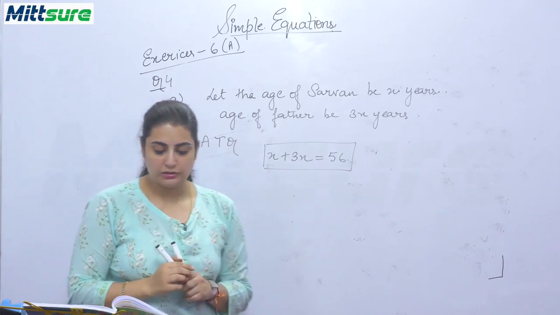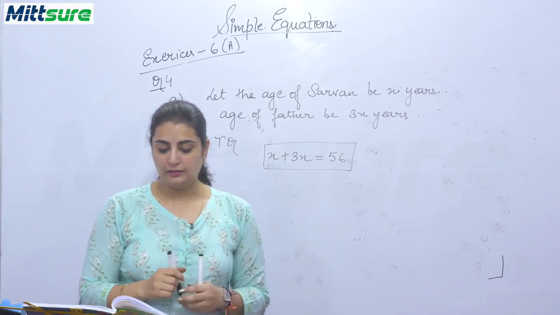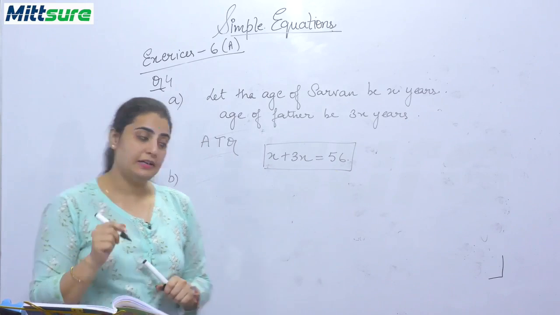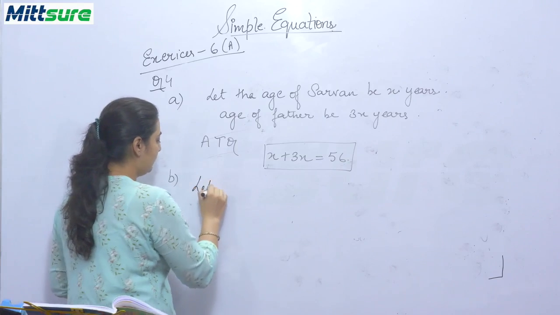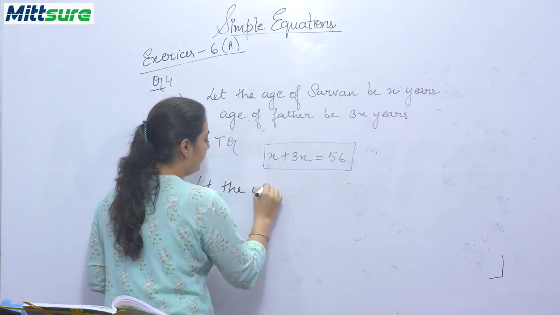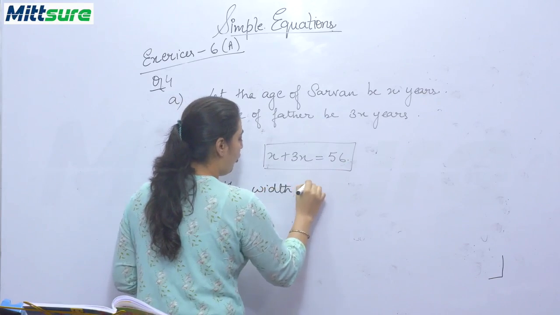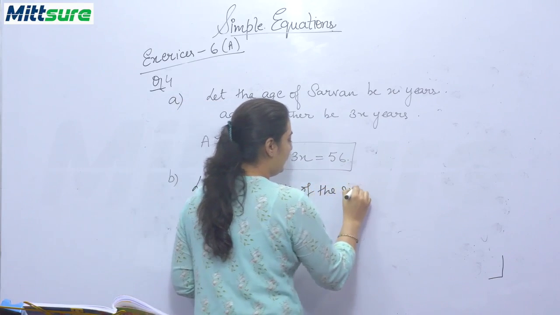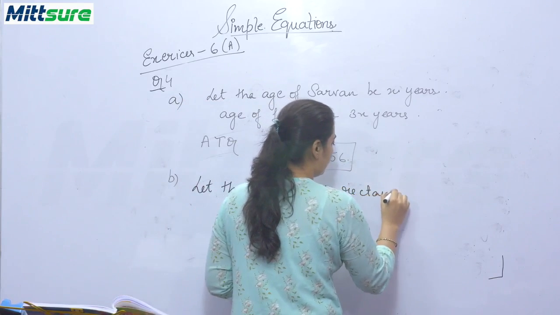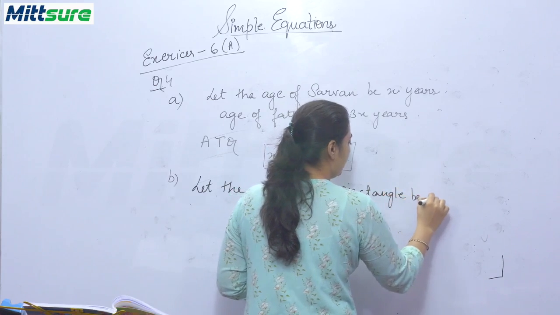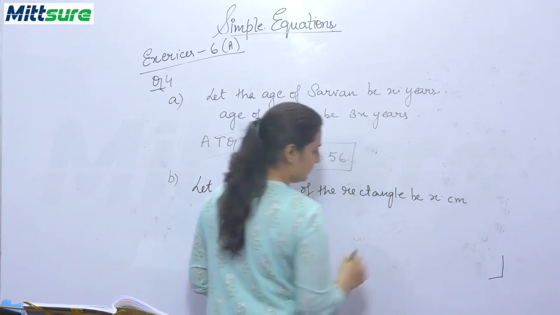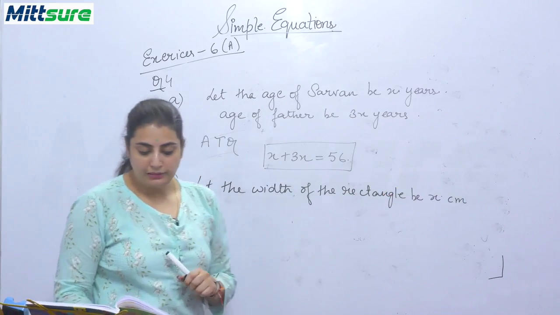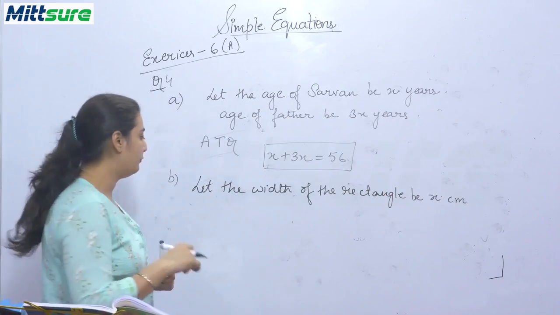Now in the next question, the length of a rectangle is 3 times its width. So let the width of the rectangle be x centimeters. Right? Now what will be the length then? It is 3 times its width.